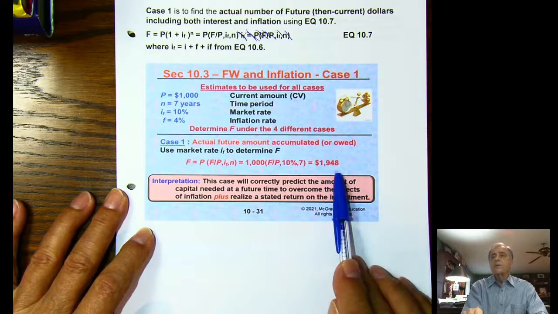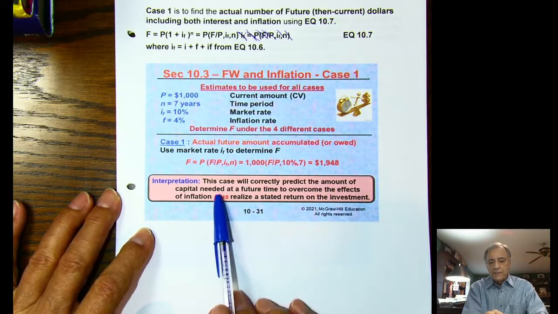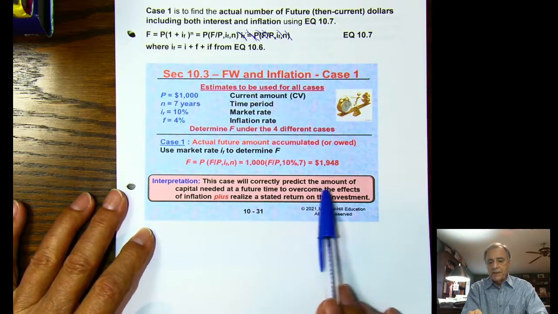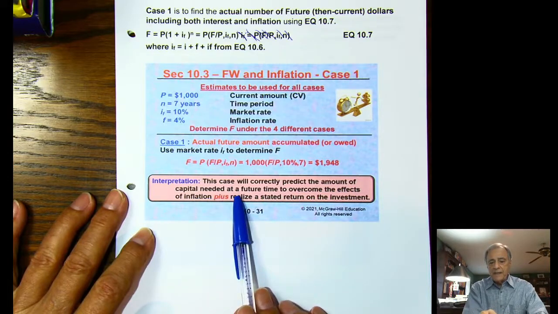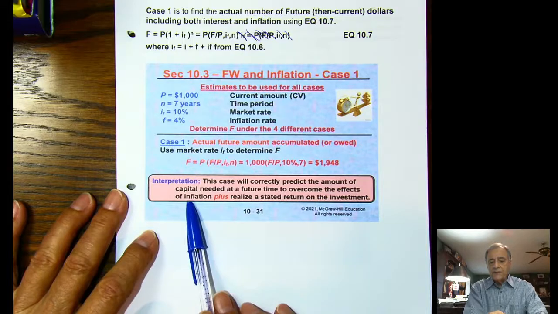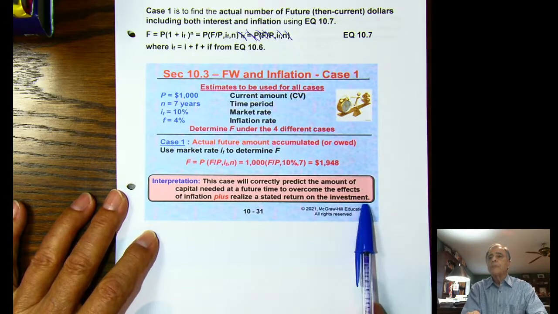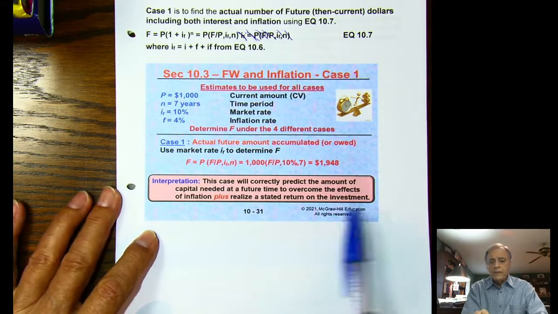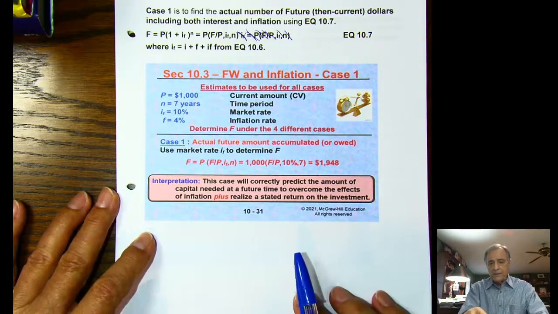We plug in, we get $1,948. He says this case will correctly predict the amount of capital needed at a future time to overcome the effects of inflation, plus realize a stated rate of return. So that's what we are accomplishing there.